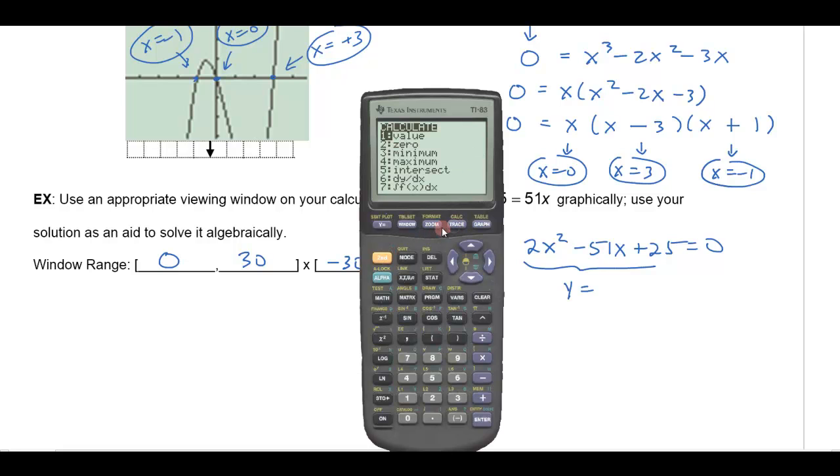So let me calculate the zeros there, and when I do that, it asks me for a left bound. That means get on the left hand side of this 0, in terms of the x. So I'm going to hit enter right there. Then it says go on the right hand side, give it a right bound, hit enter, and then give it a guess.